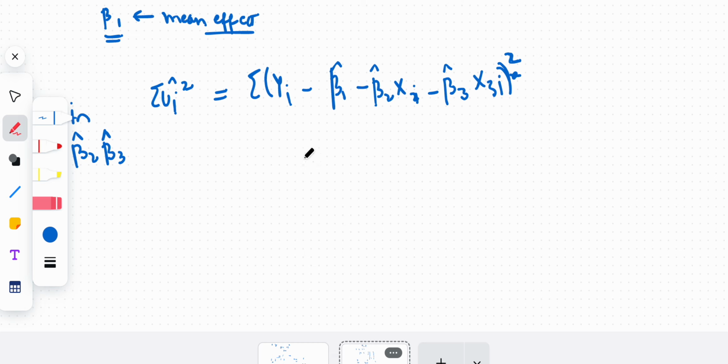Now how to solve this problem will be another thing. So this would be my first order conditions. I'll use them to solve.